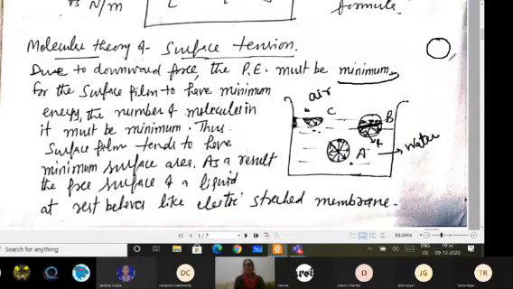So to have the minimum area, the number of molecules is less, and then it is behaving like a stretched elastic membrane. This is by nature. Everybody wants to have equilibrium. It means everyone wants to have stability, and to have stability, this surface tension is coming into nature.